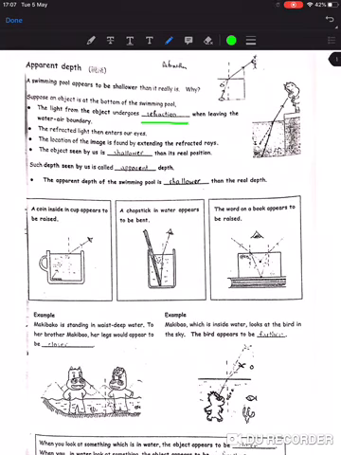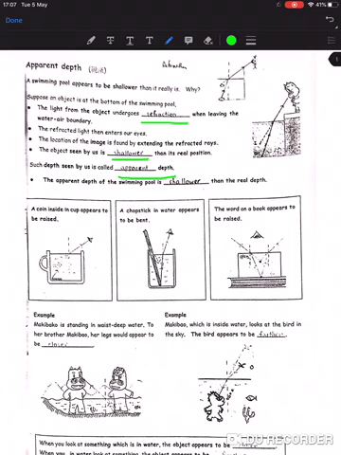And the object itself, the cone in our first example, would appear to be shallower than the real position. So if you reach for the cone in the water, you will not be able to actually touch it, because that is not the real position of that cone. It's actually an image. And we have a name for that. We call that apparent depth.